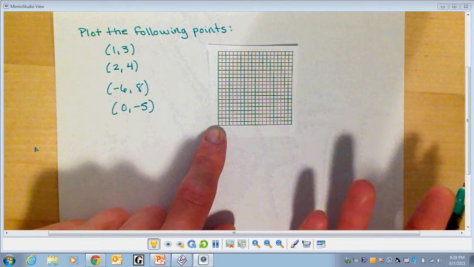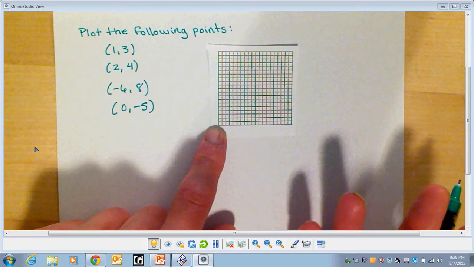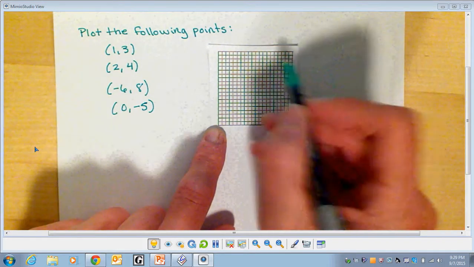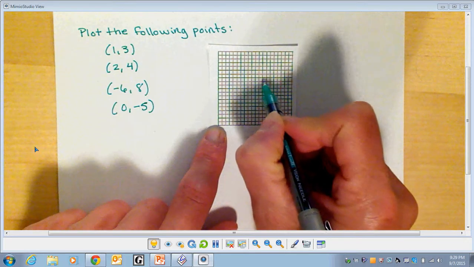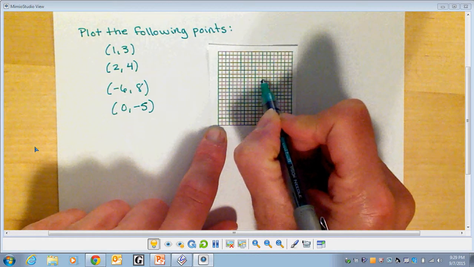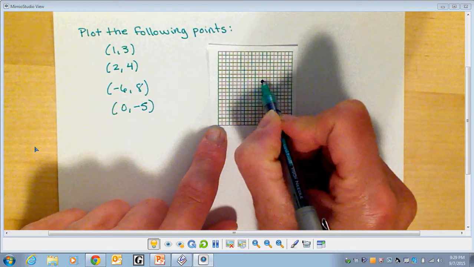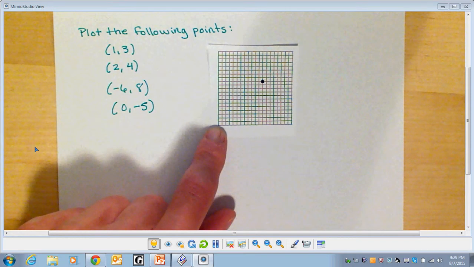At this point, I have no idea where 1, 3 is. So let's just take a stab at it. Let's just say 1, 3 is right there. There's nothing on this paper that tells me that that's 1, 3, except for the fact that I decide to claim that is 1, 3.